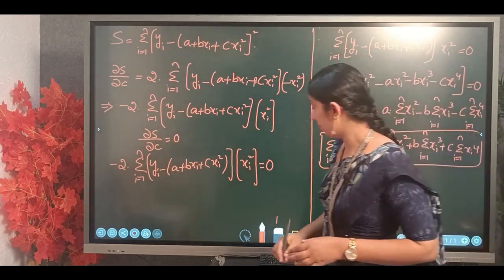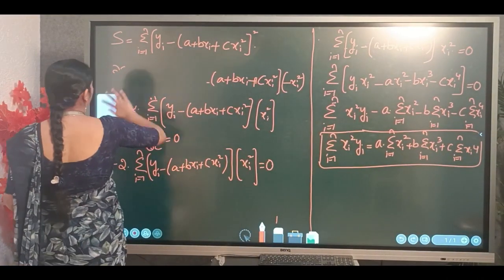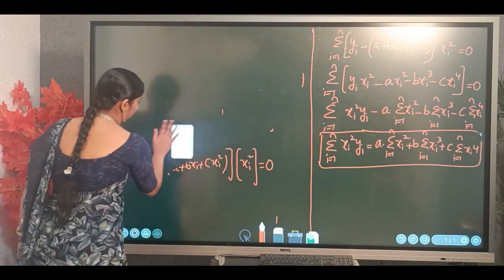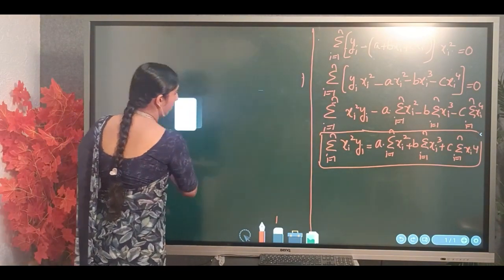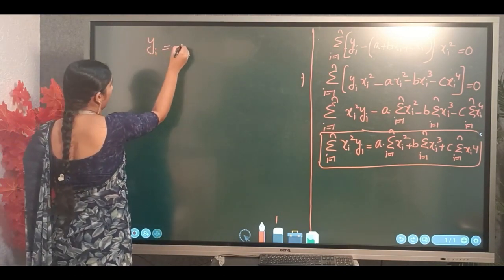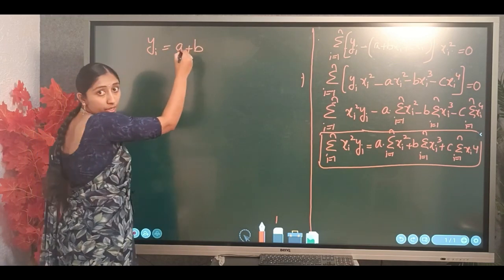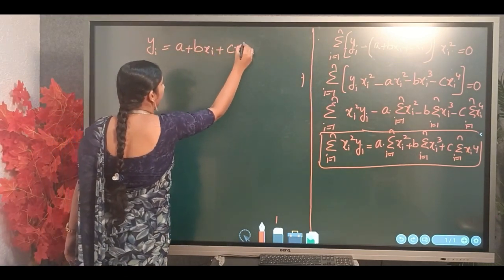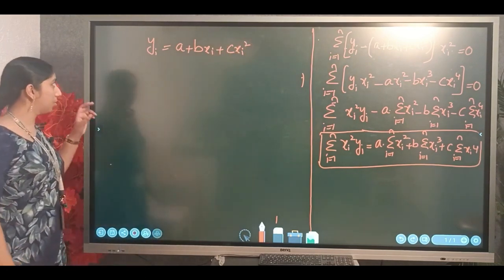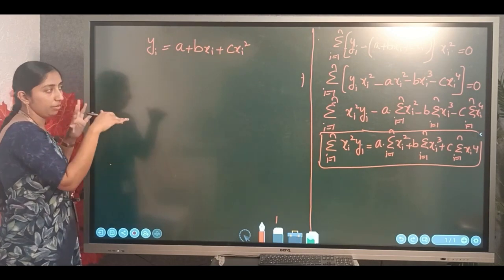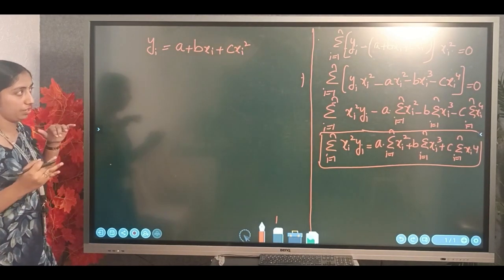Clear? Okay. So now we are recalling this. We have found the normal equations for a parabola. For this, what we considered earlier: yi = a + b xi + c xi². Just remember it like this. For this, we get 3 normal equations.